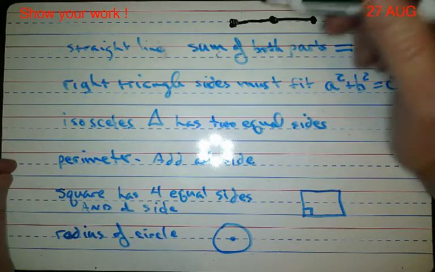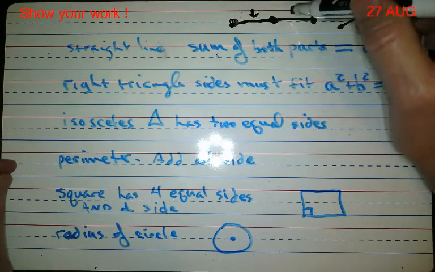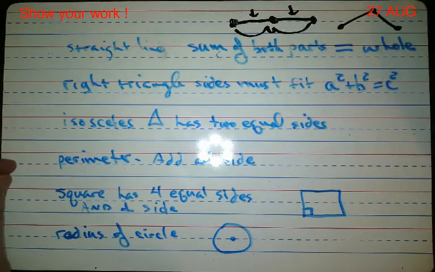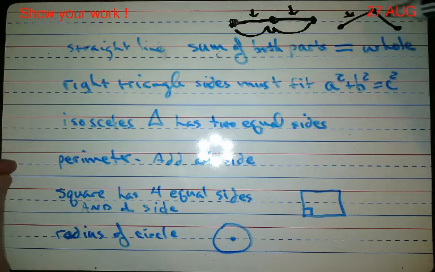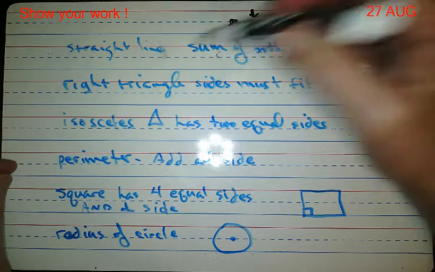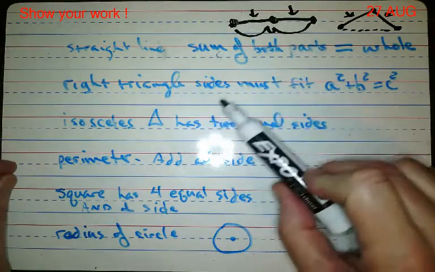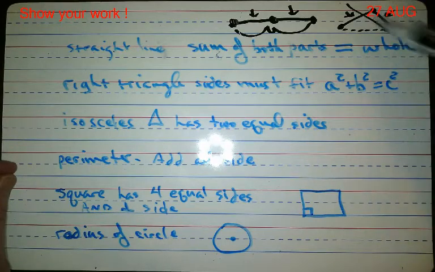So the sum of both of these parts, this one plus this one, has to equal the total from the first to the last. See, that's not going to be the case here. This one plus this one is not going to equal that one. It's going to be longer. So for it to be a straight line, when you add these two pieces together, it has to equal the whole length. Can't be like this.